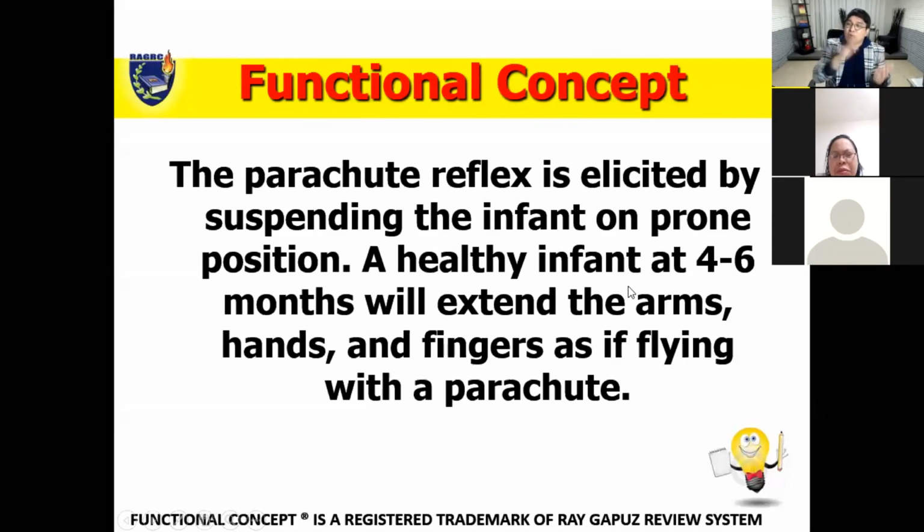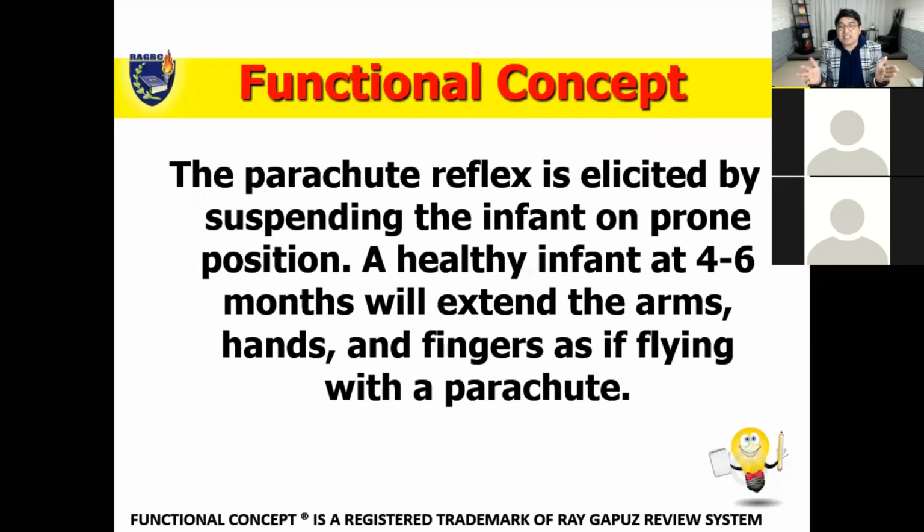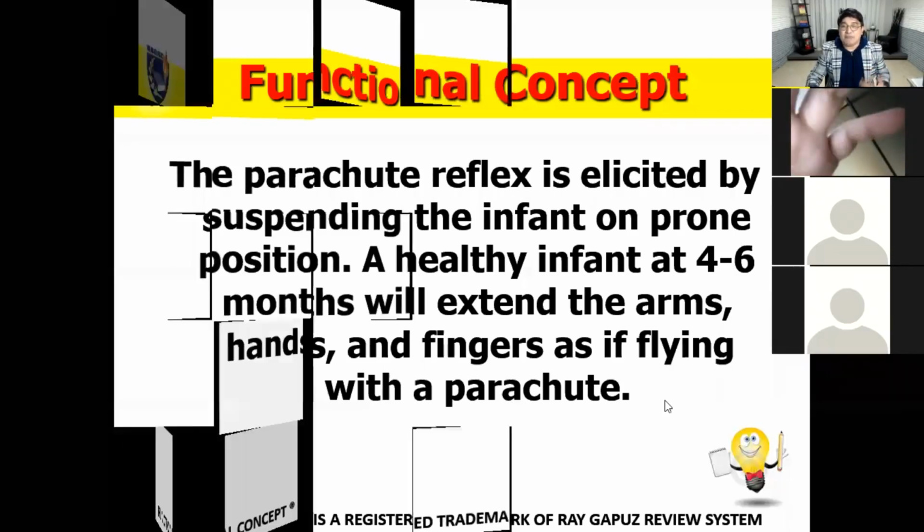Okay, so let's move on. We also have another reflex. It's called the parachute reflex. It's elicited by suspending the infant in prone position. Once again, this is a protective reflex. And take note, this manifests after the Moro reflex has disappeared. So if the Moro reflex has disappeared at 3 to 4 months, at 4 to 6 months the child will exhibit now your parachute reflex, in which the arms and hands and fingers will be extended as if flying.